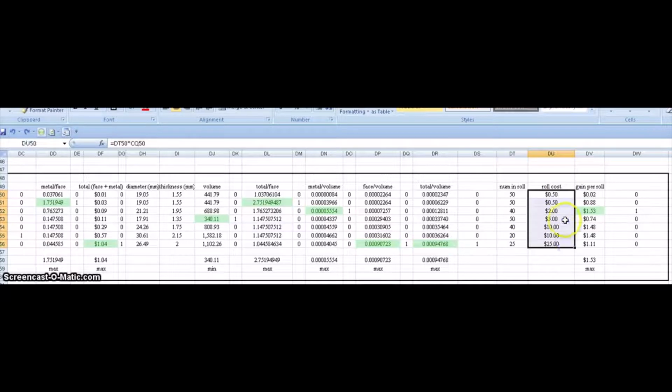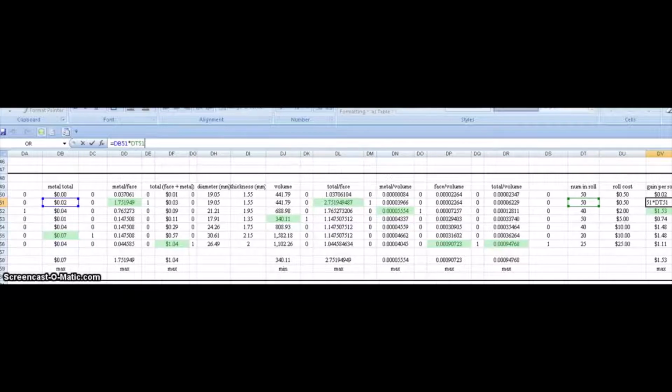Then there's how much the roll costs you, and what I call the gain per roll. This is the number in the roll multiplied by the metal total. That's your gain per roll, because however much the roll cost, that's how much you spent.